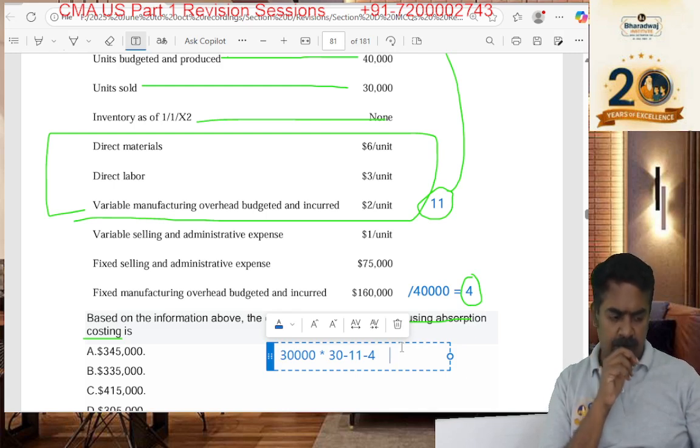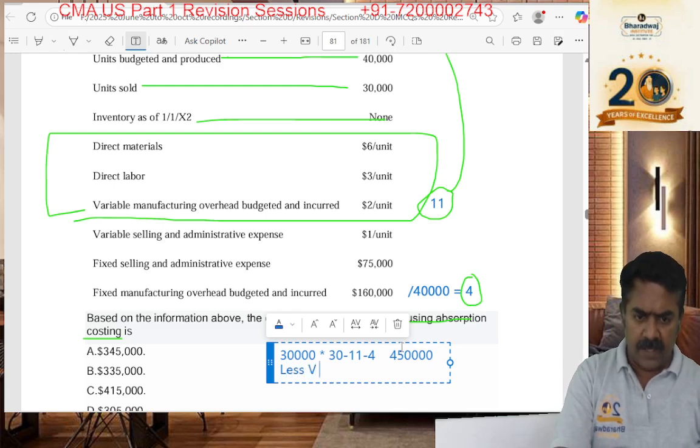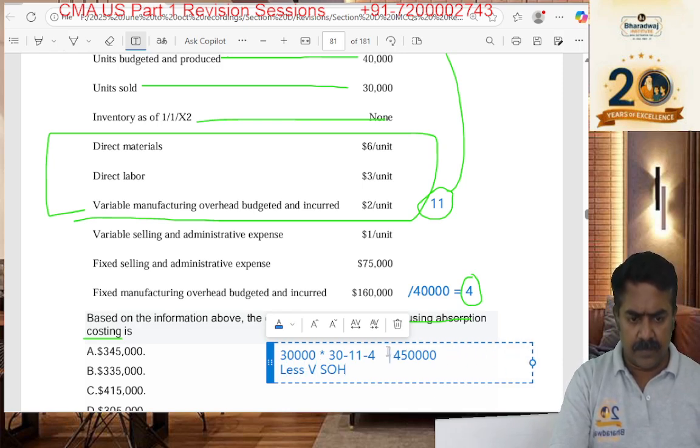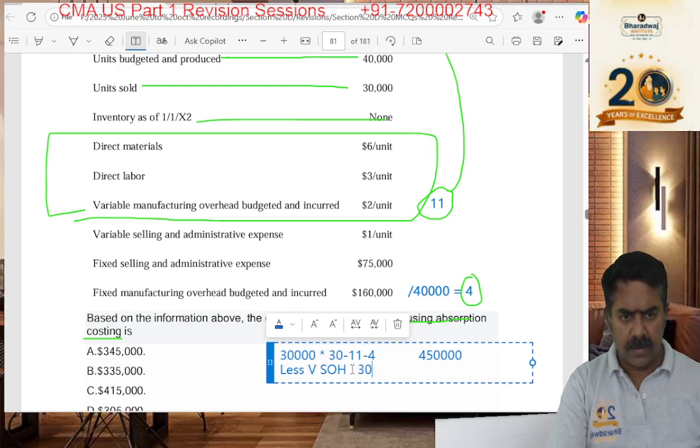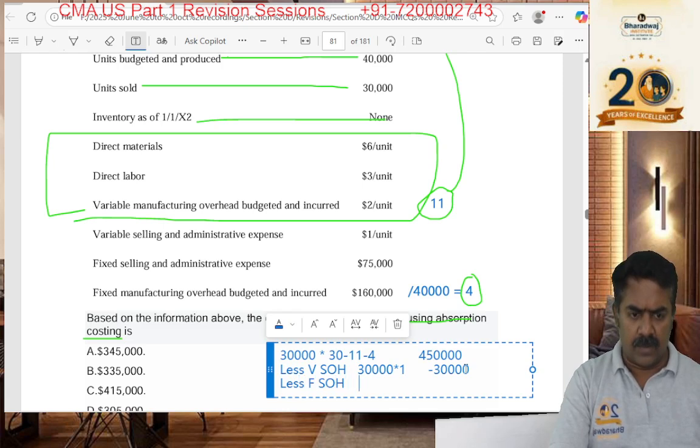450, sir. Less variable selling overheads, which would be 30,000 into 1. Less fixed selling overheads, 1 lakh, so 75,000.